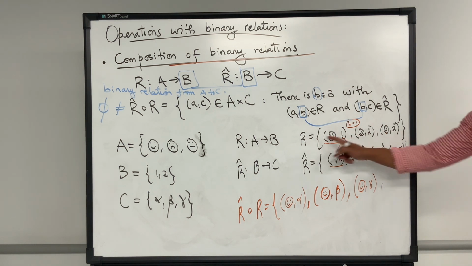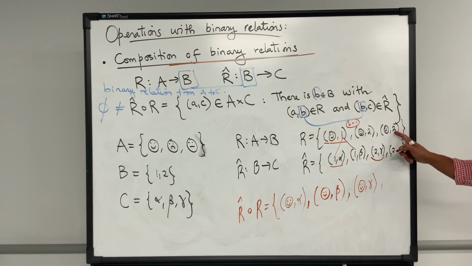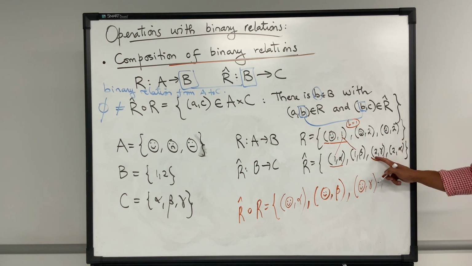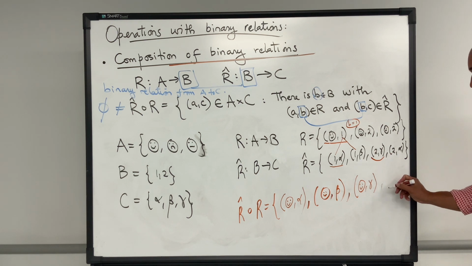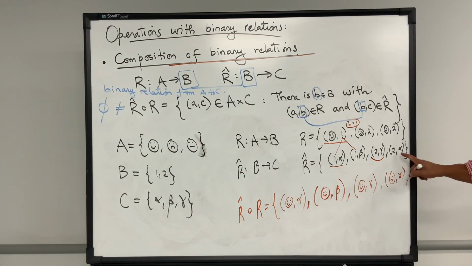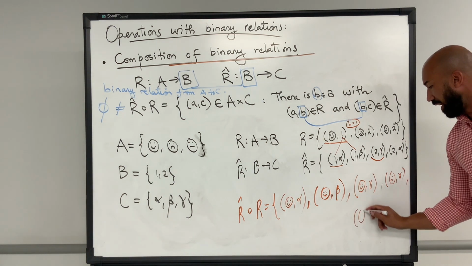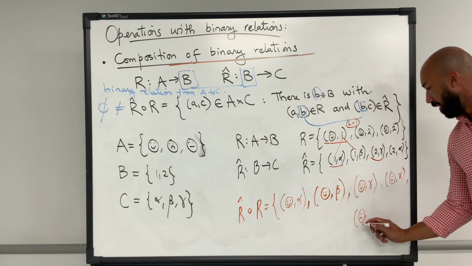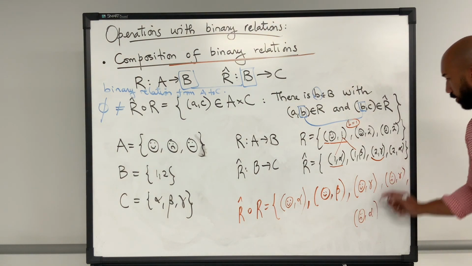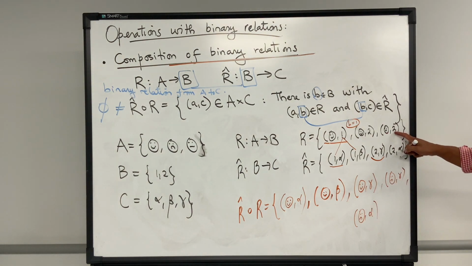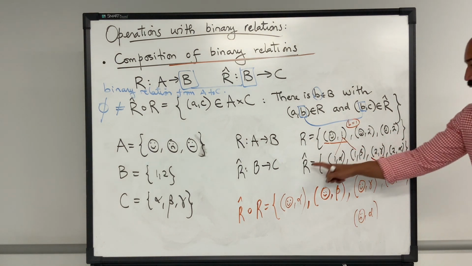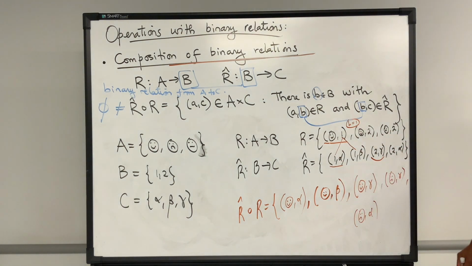Sad face according to R is just related to 2, but 2 according to R hat is related to gamma, which is telling us that sad face is related to gamma. But also sad face is related to alpha, because sad face is related to 2 according to R, and 2 is related to alpha according to R hat, so this is giving us this pair.